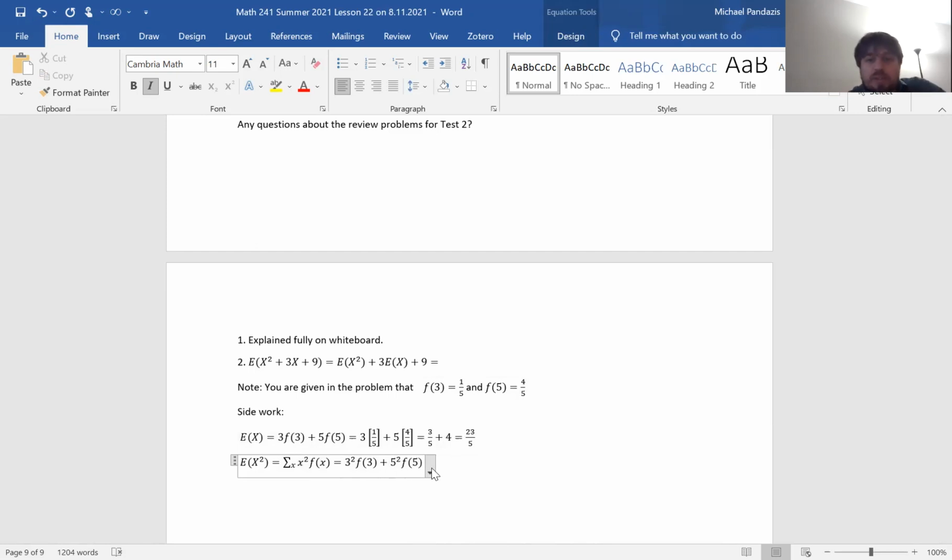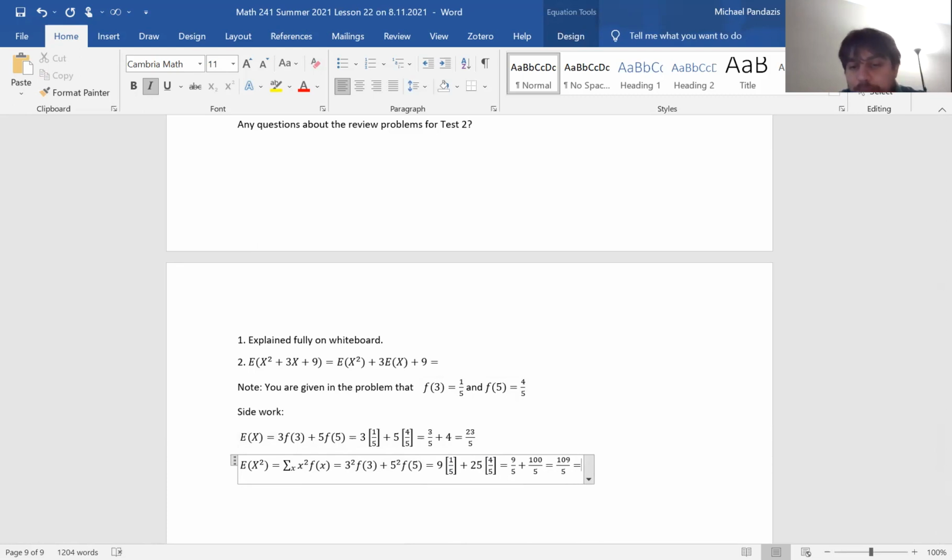Okay, and so now you just plug those in. 3 squared is 9 times f of 3, which is 1/5, plus 5 squared, which is 25, times f of 5, which is 4/5. And so you get 9/5 plus 25 times 4 is 100, so plus 100/5. That's 109/5.